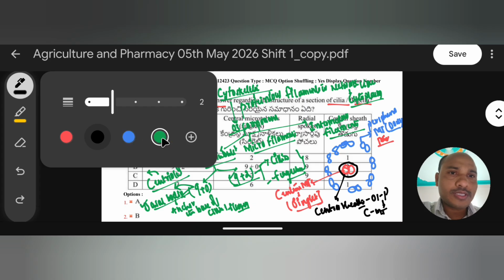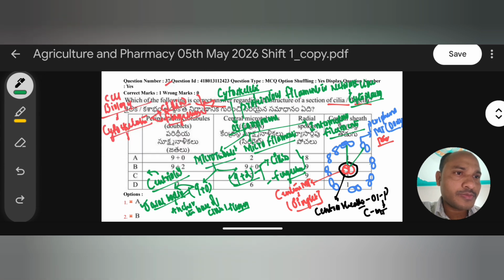The peripheral doublet microtubules are connected with the central singlet microtubules with the help of radial spokes, like this: 1, 2, 3, 4, 5, 6, 7, 8, 9. So these 9 are radial spokes.